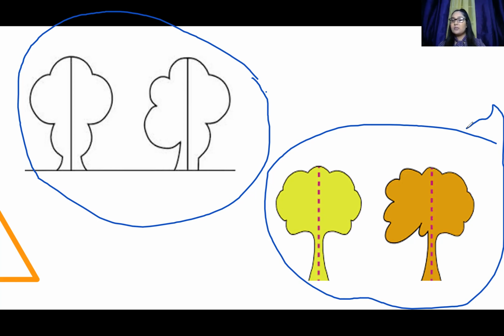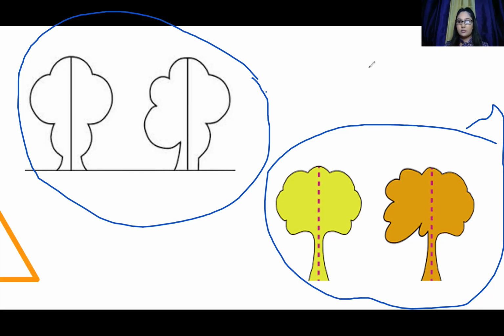And I would like someone to describe the orange tree to me. Kevin volunteered. Go ahead, Kevin. Right, he said that the line of symmetry is drawn down the middle, but the two sides are not equal, they are different, and that this is an asymmetrical shape. Very good. So we're already noticing the differences in the characteristics of both types of shapes.